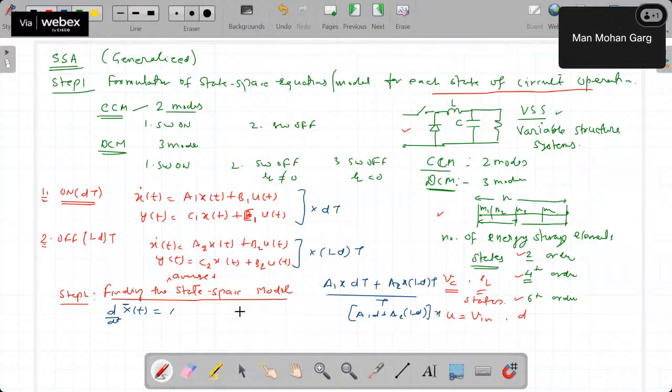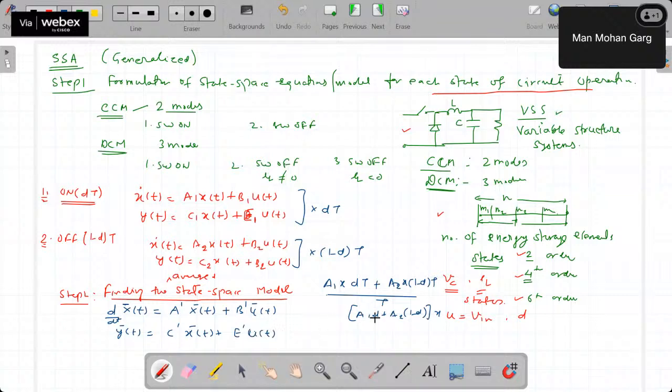The first term we will get, let's represent it as A dash. So this is A dash x(t) plus B dash u bar(t). Similarly, y bar(t) will be C dash x(t) plus E dash u(t).